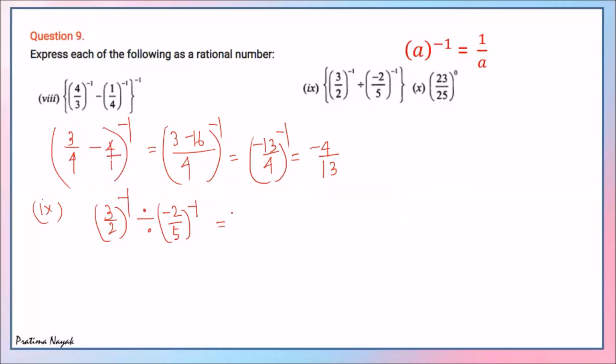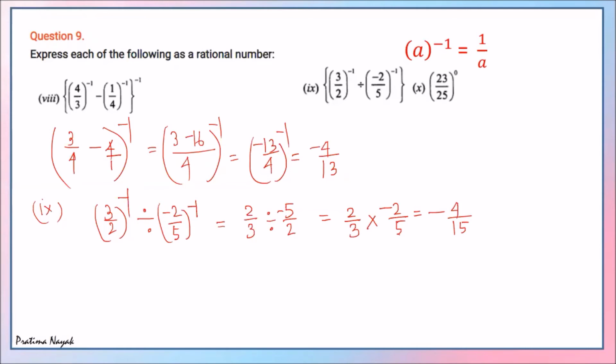It will be 2/3 division, it will be -5/2. Now you know division means when we divide a by b, we multiply its reciprocal. So it will be -2/5. So it will be -4/15. Negative, negative multiplied, positive, positive multiplied.